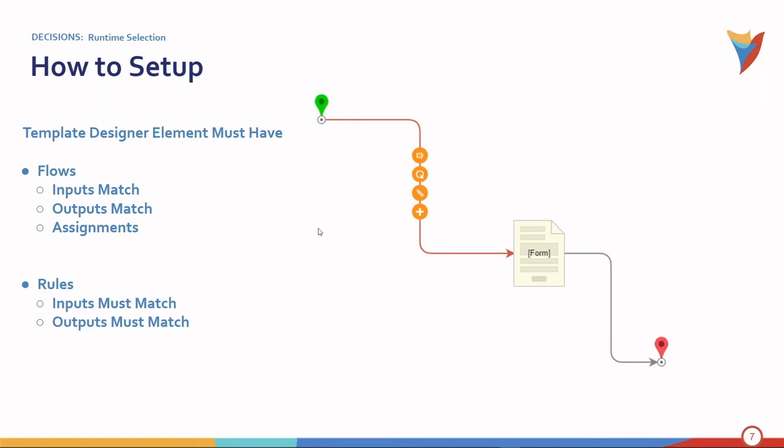Now, how do you set this up? The template designer element must have, for the flows, the inputs must match and the outputs must match, as well as the assignments. So what do I mean by matching? That capitalization must match if you are actually taking in a person's age.